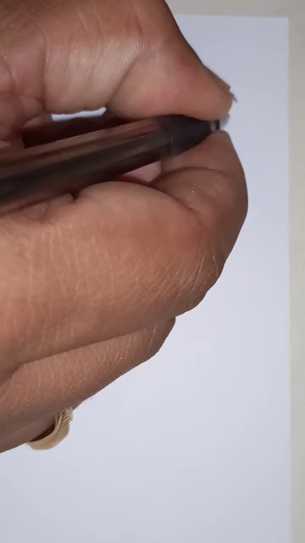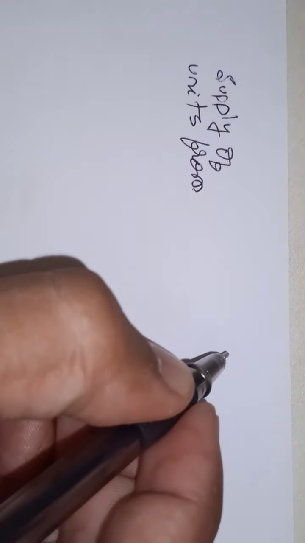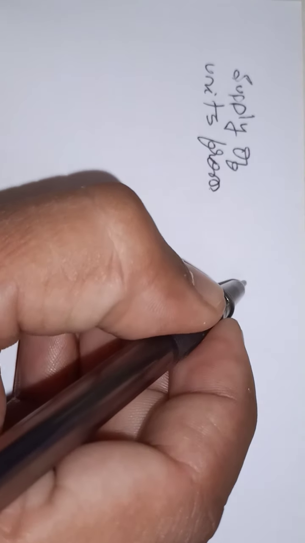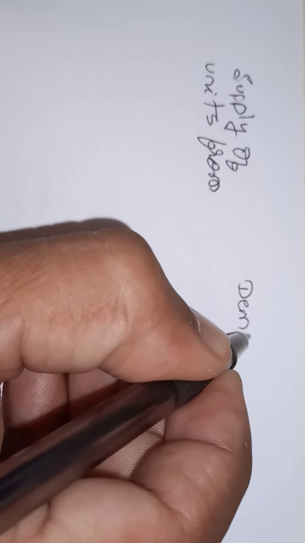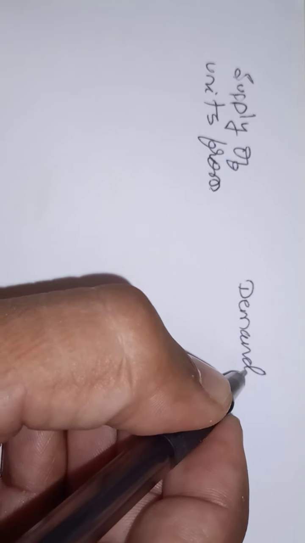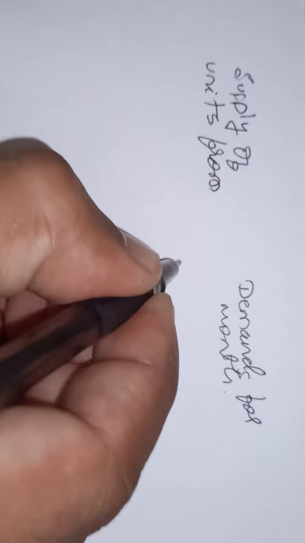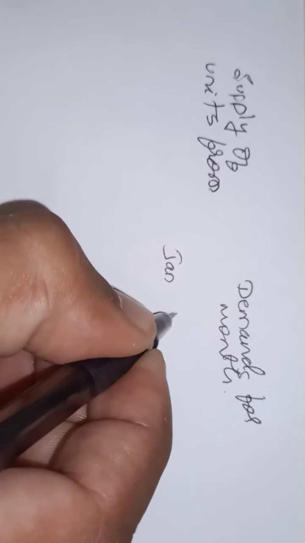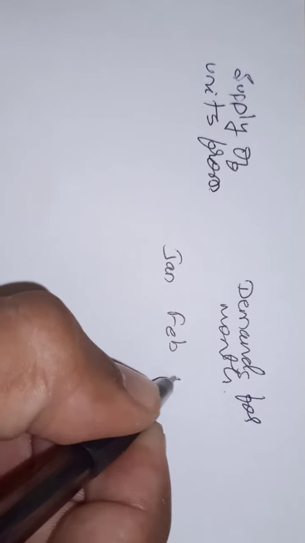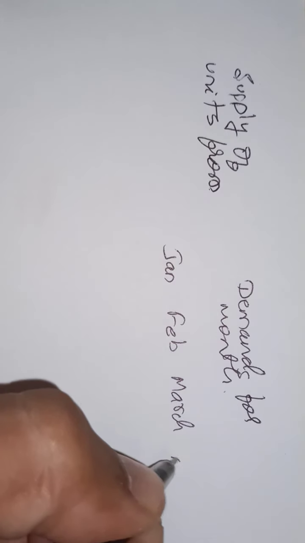First we have to write the supply of units from. After that we have to write the demands for the month. So how many months are there? Here 4 months are there: January, February, March as well as April.